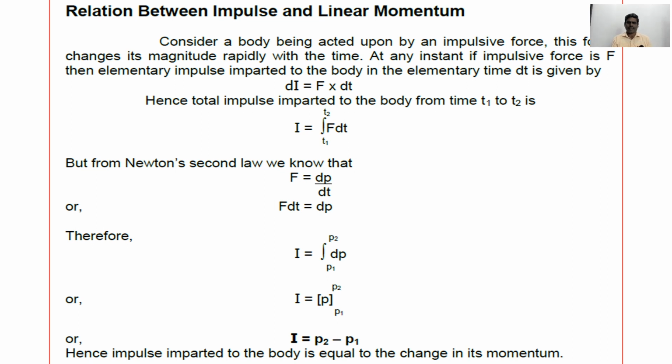Then I equal to the integral from p1 to p2 of dp, and I equal to p2 minus p1. That is, by substituting the upper limit p2 and lower limit p1, we get impulse I equal to p2 minus p1. Hence, impulse imparted to the body is equal to the change in its momentum.